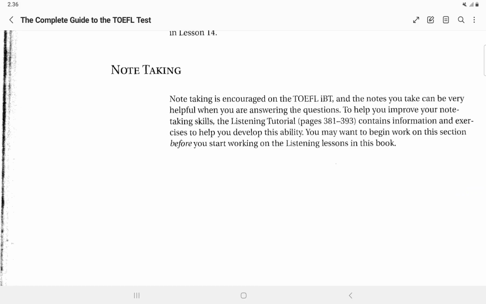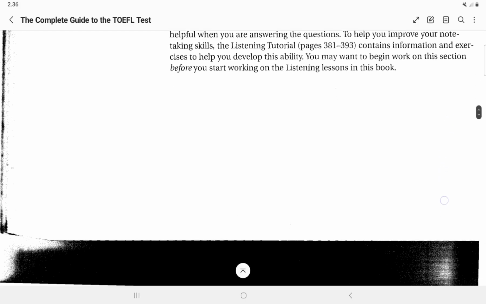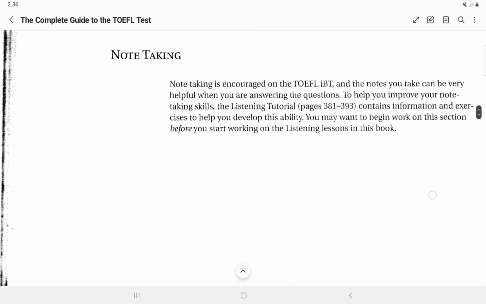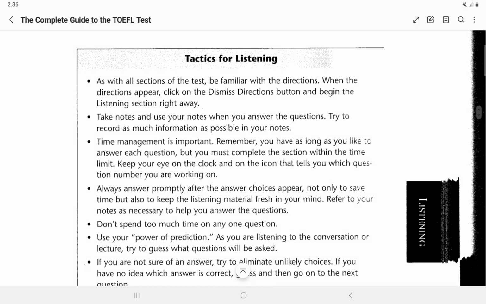To help you improve your note taking skills, the listening tutorial, pages 381 to 393, contains information and an exercise to help you develop this ability. You may want to begin work on this section before you start working on the listening lessons in this book. So note taking first, and then working on a lesson in this book.